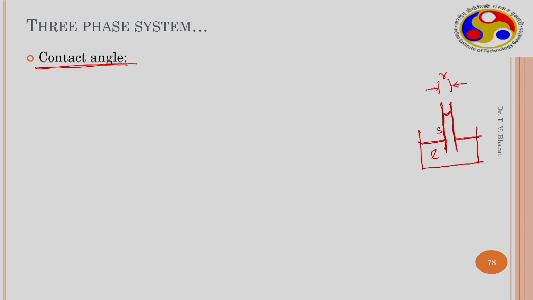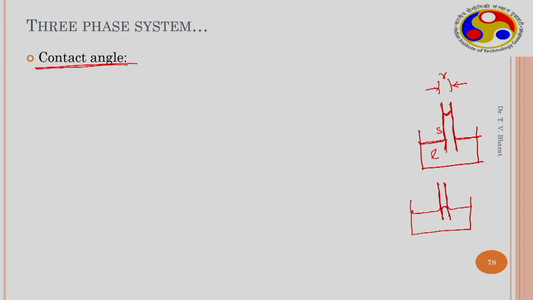So this retraction makes the surface curve. If you are immersing a capillary, and the adhesive force between the water molecules and the glass surface, or the surface of the solid, is weaker than the cohesive force between the individual water molecules, then water withdraws from the surface and retracts, which forms a concave surface.